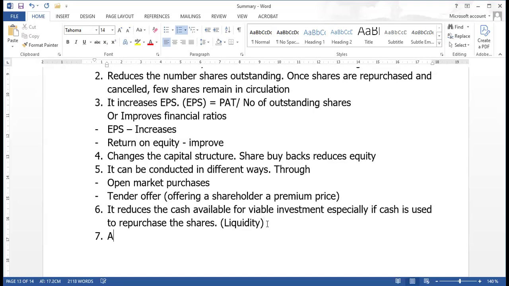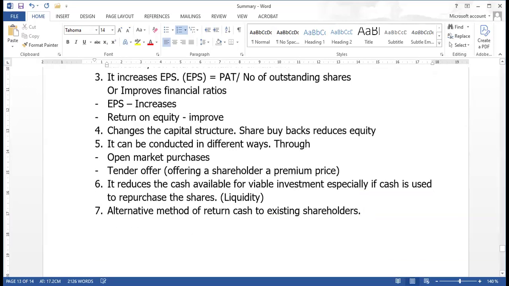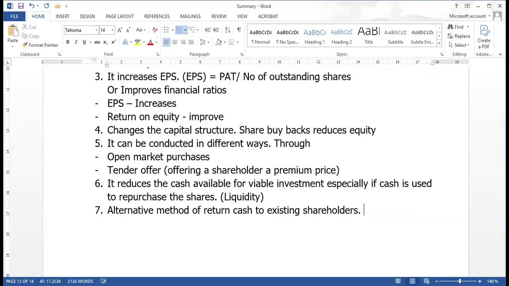Also, another student can say that it is another alternative method of returning cash to the existing shareholders, rather than distributing the profits, that is dividends. The company can return excess cash through buybacks. Instead of paying dividends, you can return your money through buybacks. Okay, I think these are enough points.